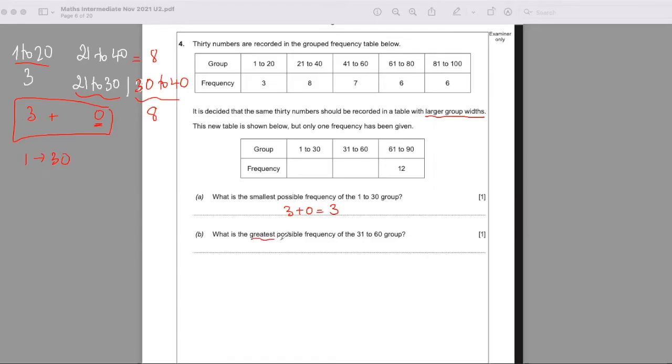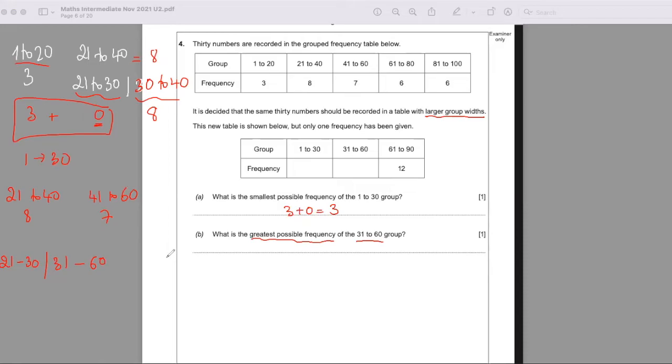What is the greatest possible frequency of the group 31 to 60? So again, I'm looking at 21 to 40 is 8, and then 41 to 60 is 7. Now, if I need 31 to 60, it means I can see what I can get between 21 to 30 and then 31 to 60.